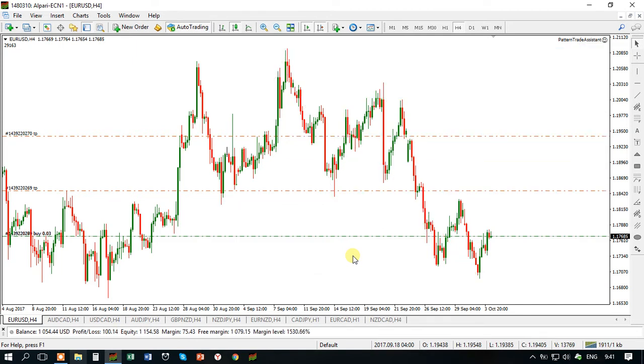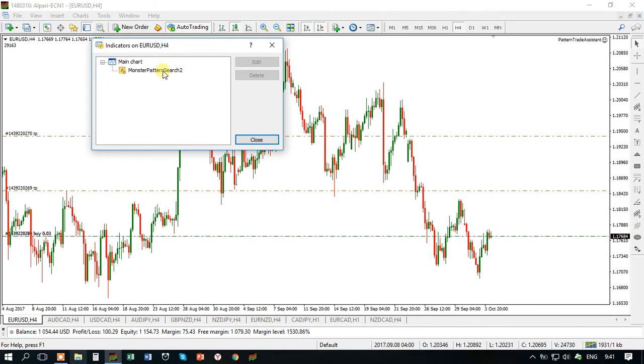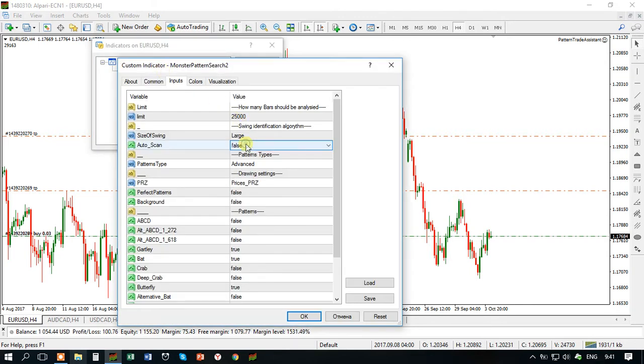I can do it two ways. I can draw them manually like this, one by one, or I can draw them automatically like this. Just switch to automatic, and look at this.